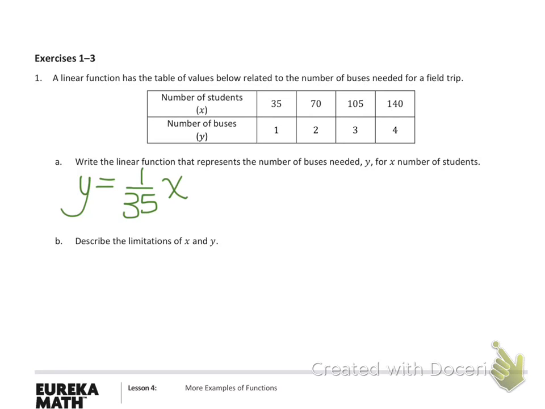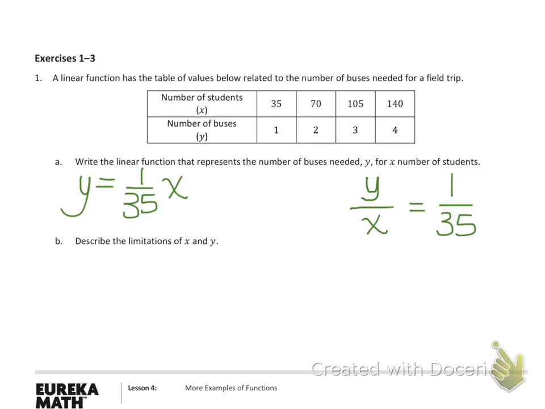Okay, so I did that by doing a rate. You could go back if you were not sure what to do there. I could say, since it's constant, right? Every bus holds the same number of students. y over x, the number of buses to the number of students, is equal to these ratios, 1 bus for 35 students.